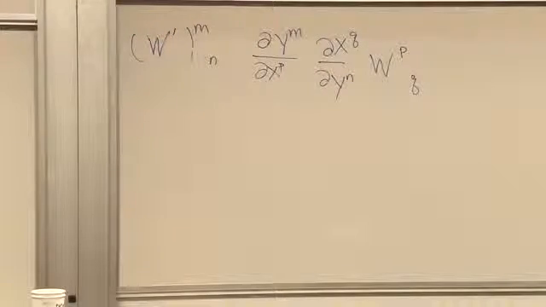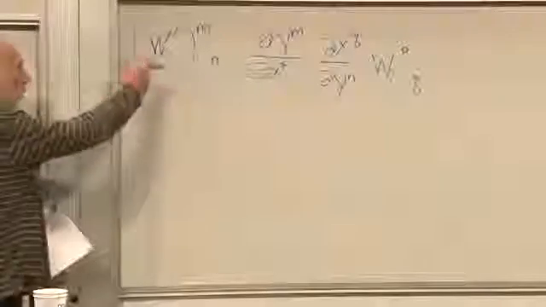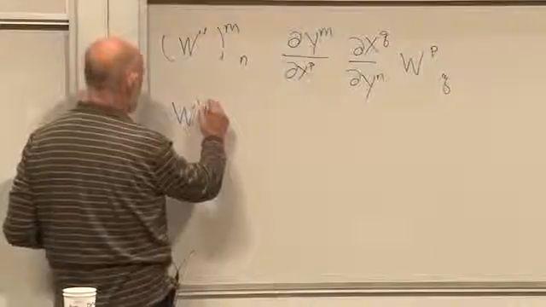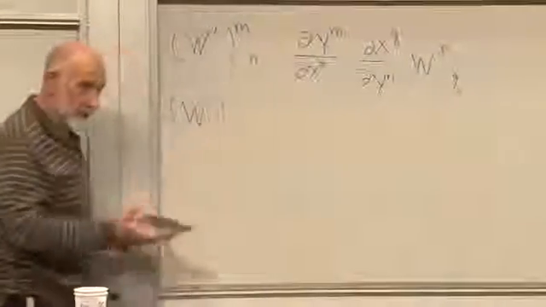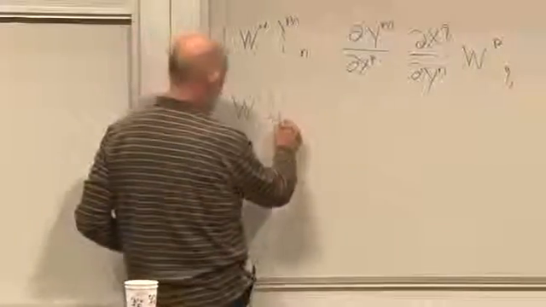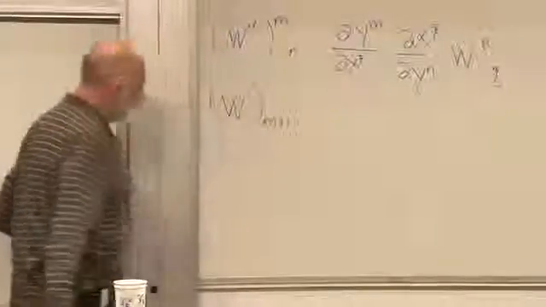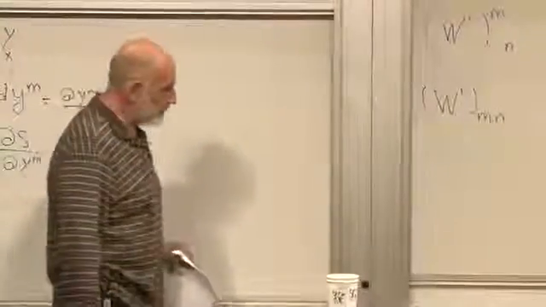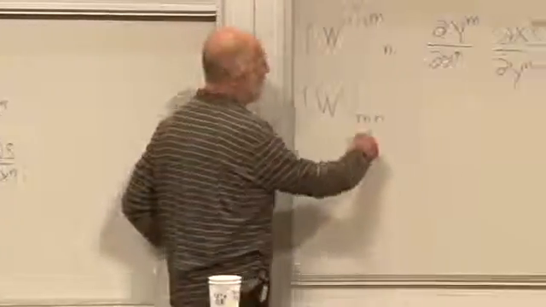If I take a tensor with any number of indices, oh, incidentally, let me do one other example. Supposing we had a tensor with two covariant indices, m and n. Just as another example, how does it transform?